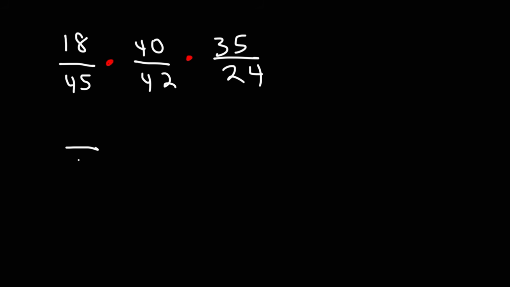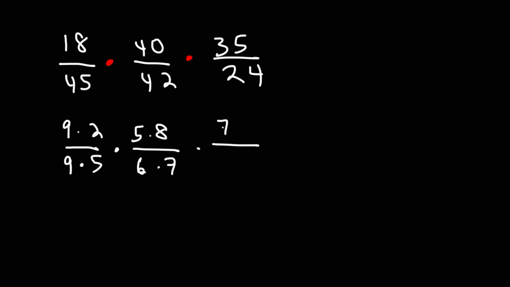So 45, we can write that as 9 times 5. 18, we can write that as 9 times 2. 40, we can write 40 as 5 times 8 if we want to. 42, we can write that as 6 times 7. 35 has a 7 in it, we can write that as 7 times 5.